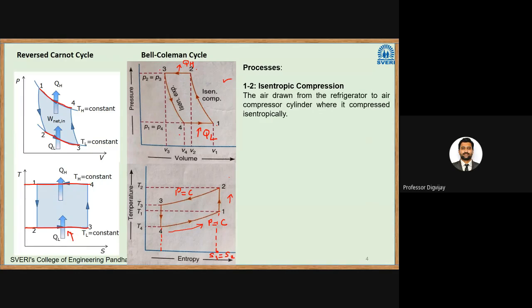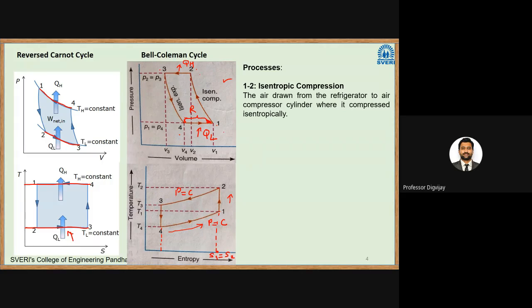So what is happening here? The air is drawn from the refrigerator to the air compressor cylinder, where it is compressed isentropically. This area is the area of the refrigerator; in this area only the refrigerator will work.